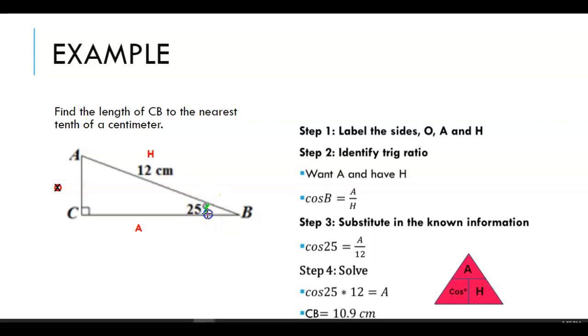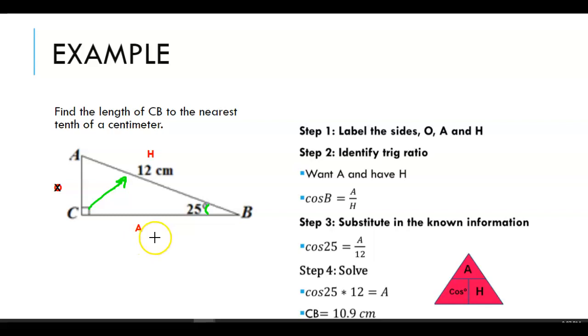Our given angle is angle B. The hypotenuse is easy to identify, always opposite the right angle. Opposite angle B is side AC. We label that O, and the adjacent side is BC.